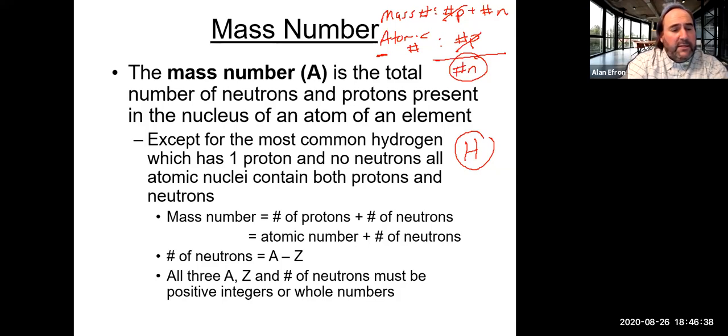And to answer your question, yes, the atomic number, which you can find on the periodic table, which again is that number up on top, which is the same thing as saying the number of protons, you could just simply go to the periodic table and see what element it is.